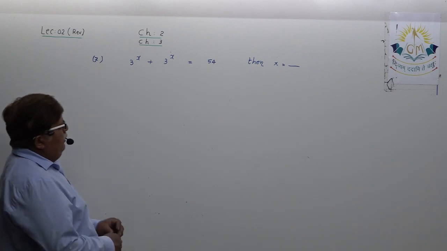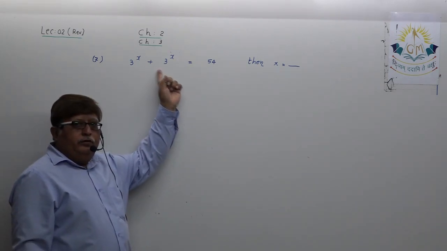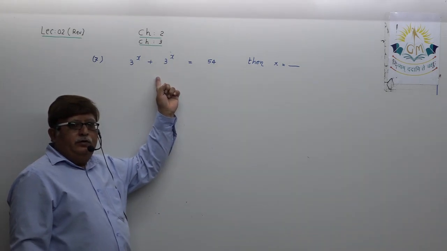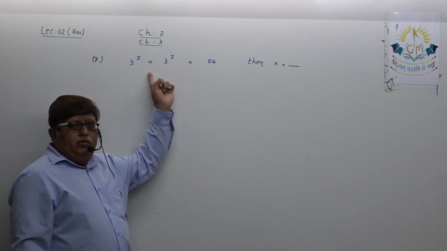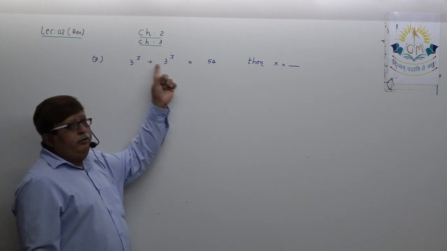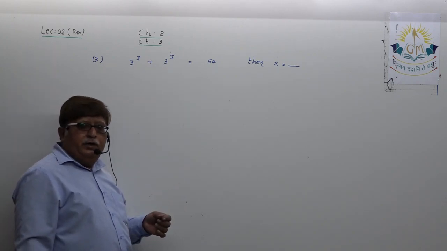Just try to understand what we are doing. See, student, both the terms which you can visualize here, in between there is a plus sign. Both the terms have a similar base and similar power. See, base 3 power x.